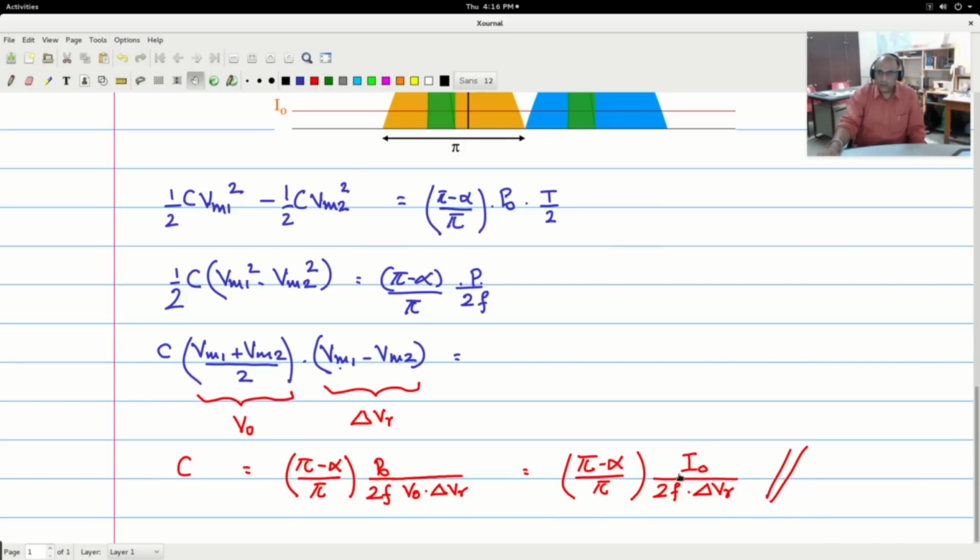You should calculate for the max value of I naught, so that the value of C would be sufficient to handle that. You should also calculate for the minimum ripple. So for the minimum ripple, I will get a higher value of C. So once you have taken care of the worst case condition, minimum ripple and maximum value of I naught, the value of C will hold good.